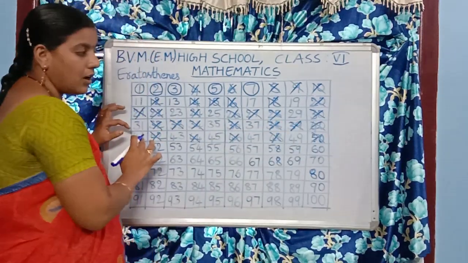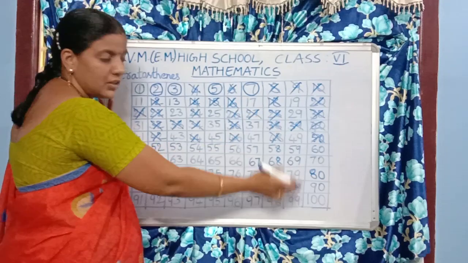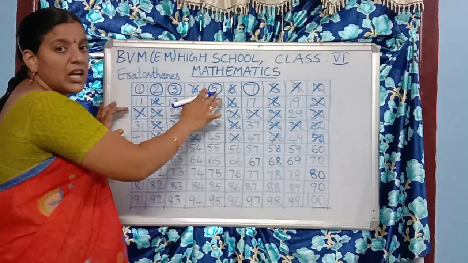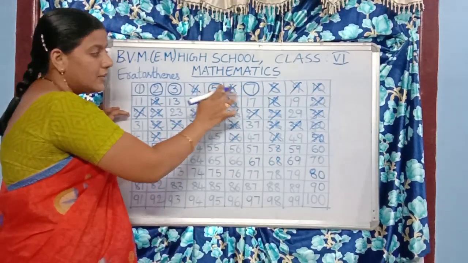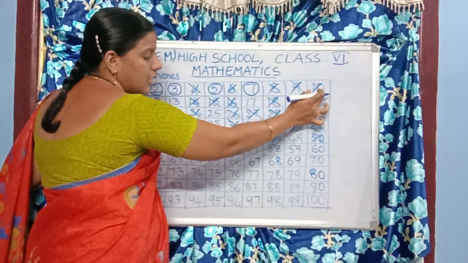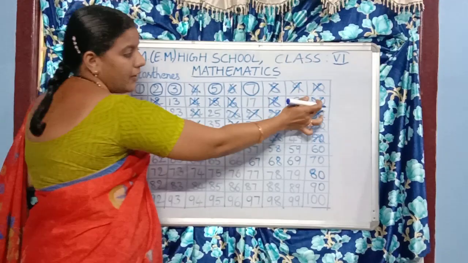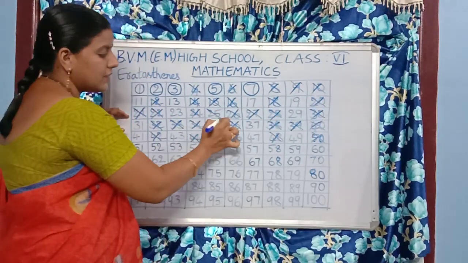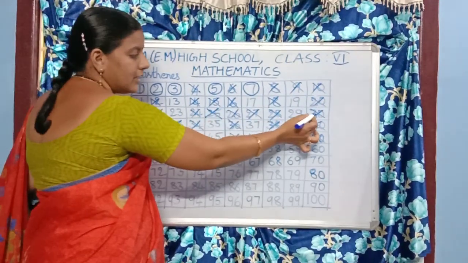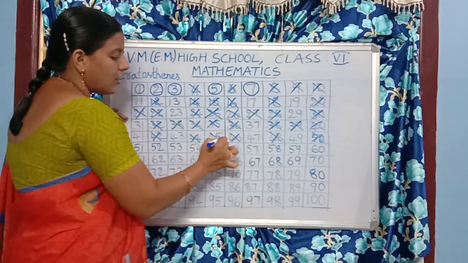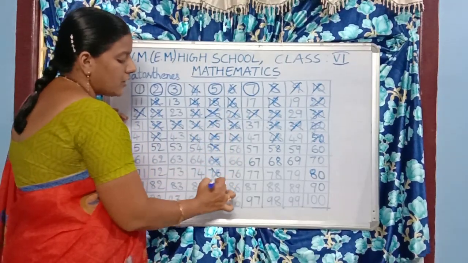Like that, cross out all the multiples of 3. Next, multiples of 5. 5 1s are 5. 5 2s are 10. 5 3s are 15. 5 4s are 20. 5 5s are 25. 5 6s are 30. Like that, we can cross out all the multiples of 5.